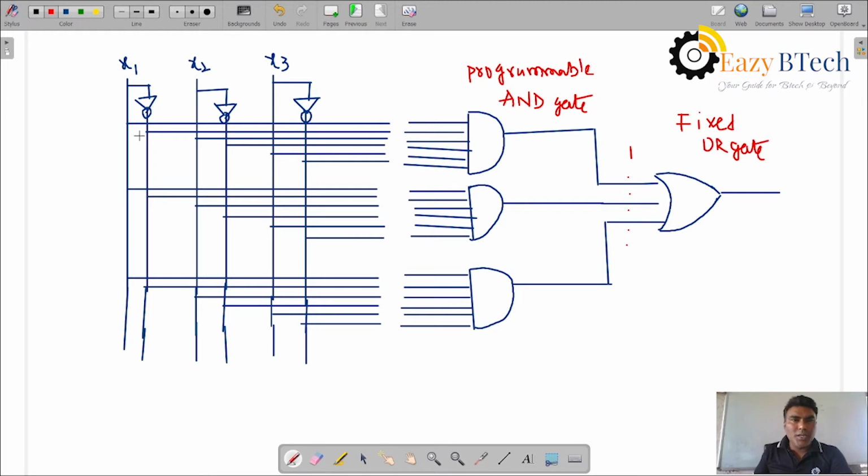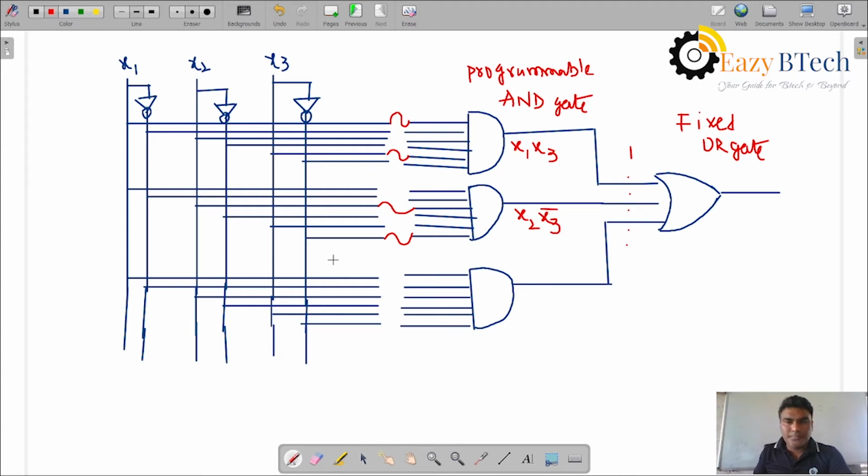Let us take the fuse connections. The product term here is x1 and x3. Now let us take the second one: x2 and x3 complement, so the product term is x2 x3 complement.